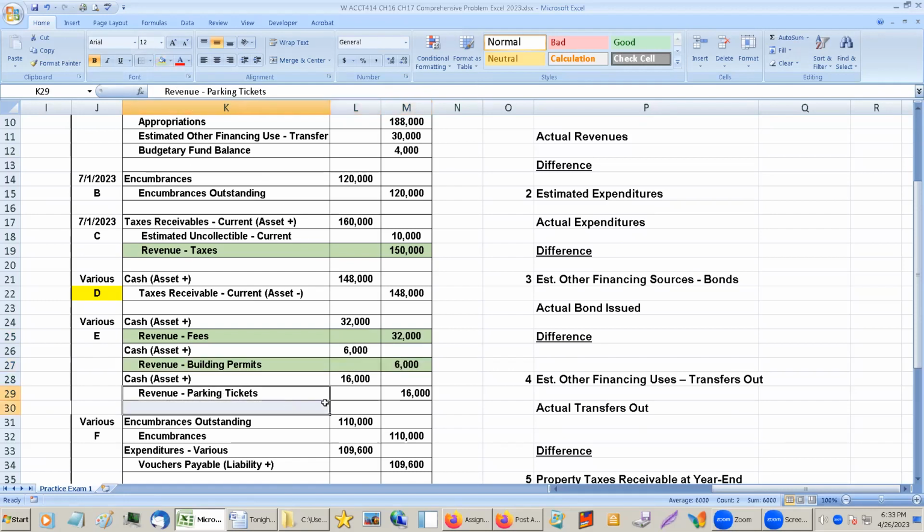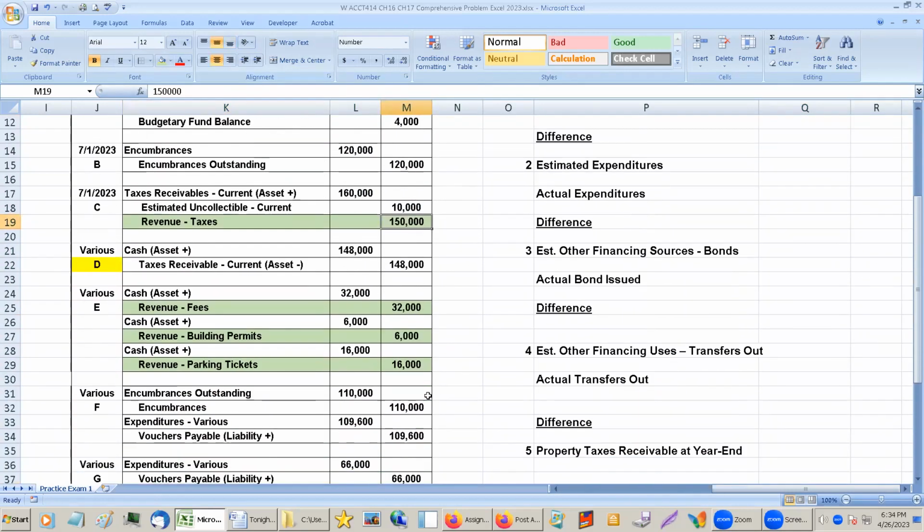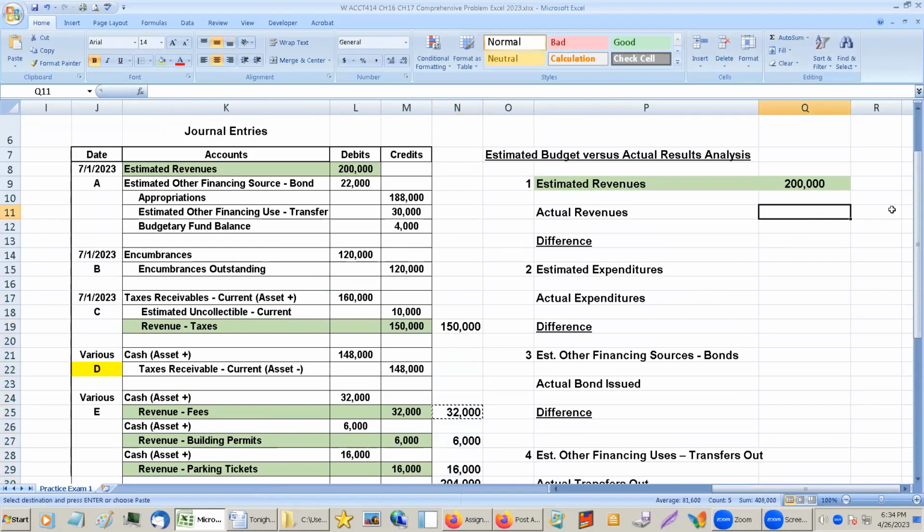You have to add all three of them up separately. All right, so I'm just going to have on the side here, $104,000.